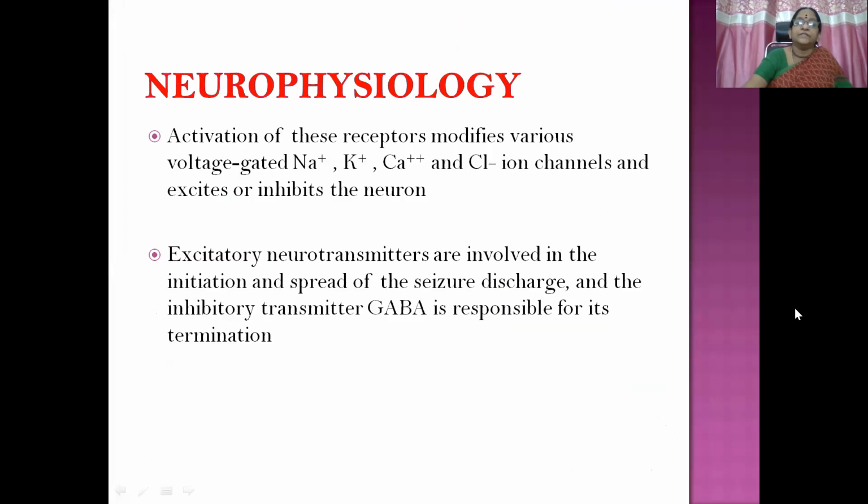The activation of these receptors modifies various voltage-gated sodium, potassium, calcium, and chloride ion channels, and excites or inhibits the neuron. Excitatory neurotransmitters are involved in the initiation and spread of the seizure discharge, and the inhibitory neurotransmitter, that is GABA, is responsible for its termination. I think we have discussed this in the introduction to CNS.